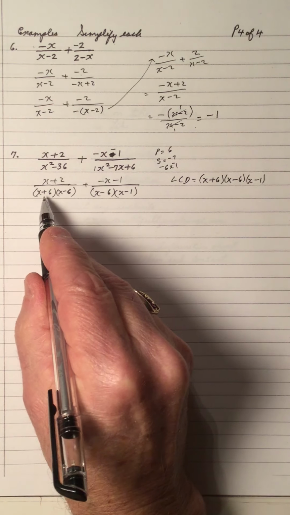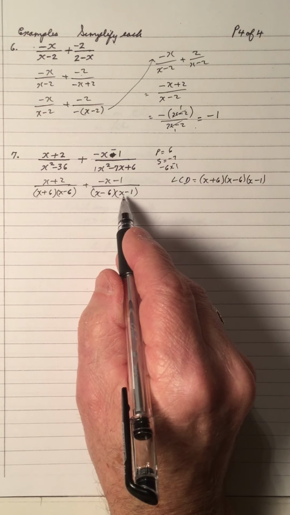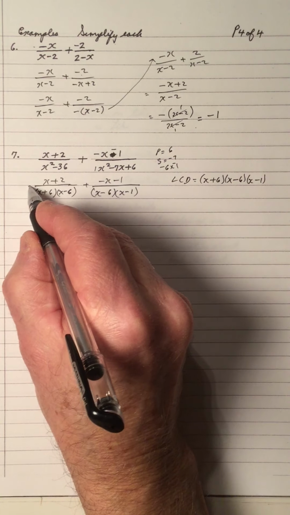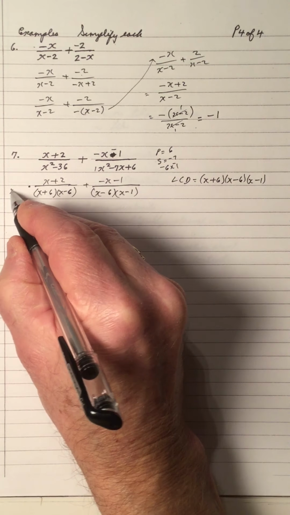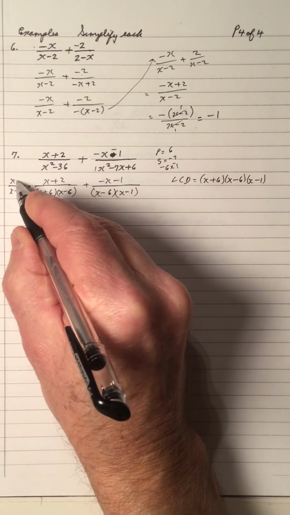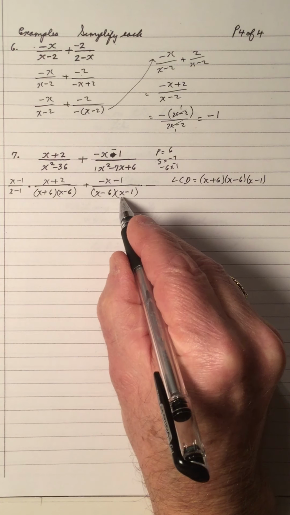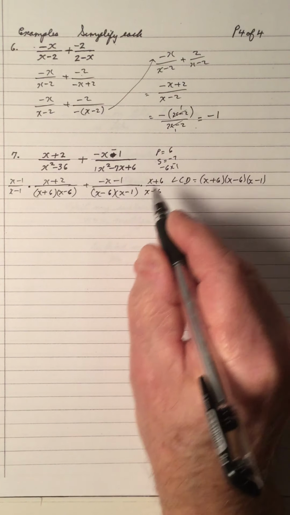Remember, you got to have one of each of these factors, and if there's a square on them, then you got to have the square because you got to pick the highest exponent. That means I have to multiply this denominator by x minus 1, top and bottom. I have to multiply this denominator by x plus 6, top and bottom.